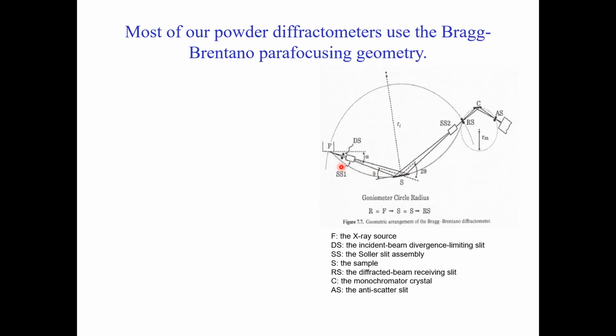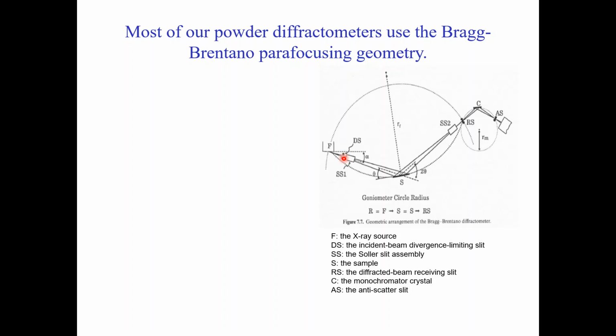This is the point F, which is basically the X-ray source. Then we have another important part denoted by DS. What is DS? This DS is the incident beam divergence limiting slit.